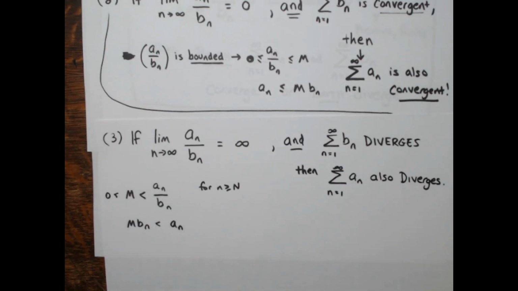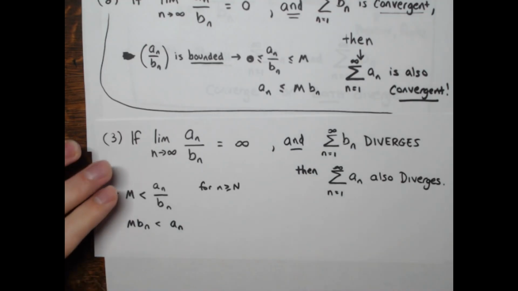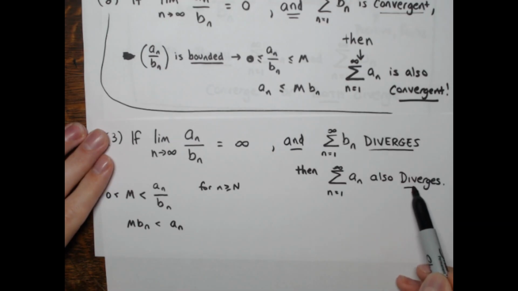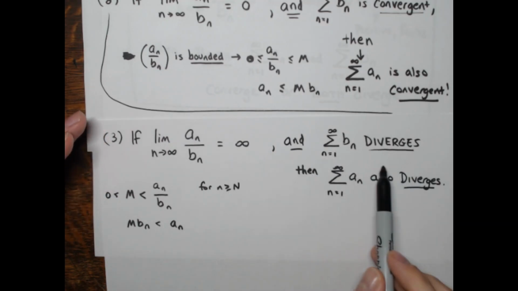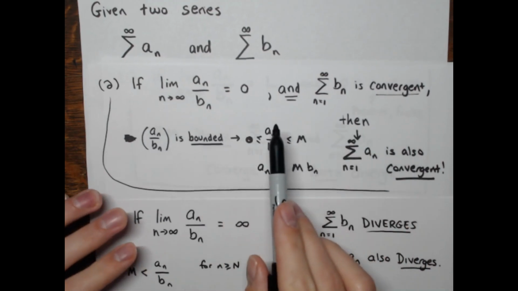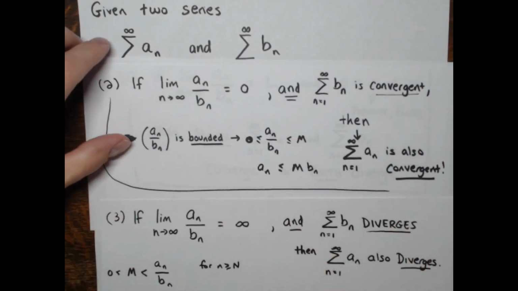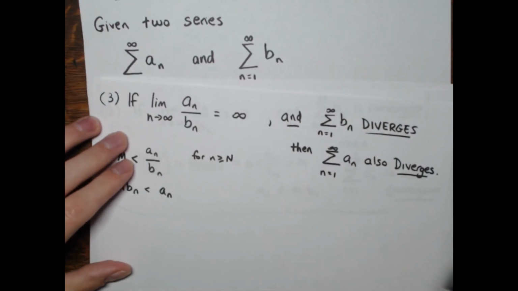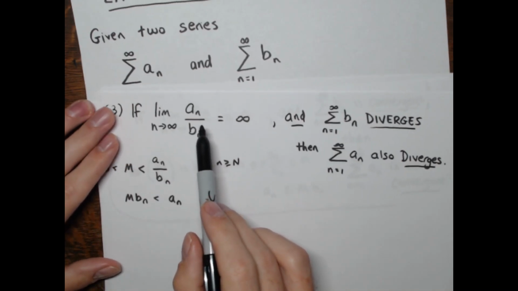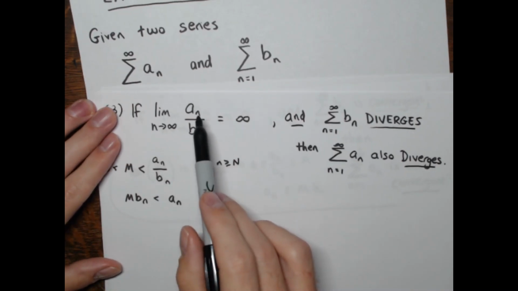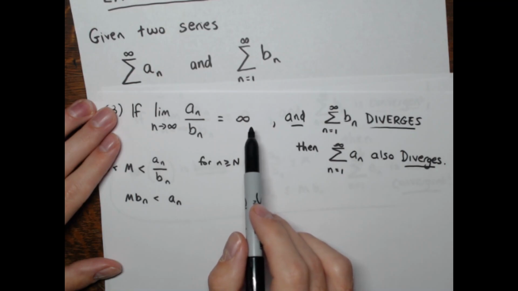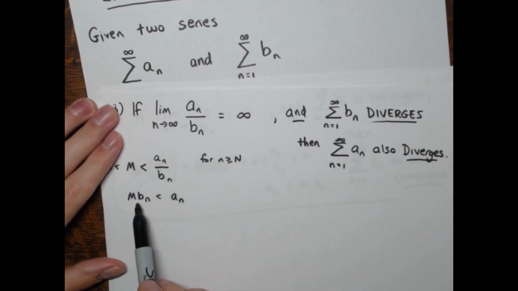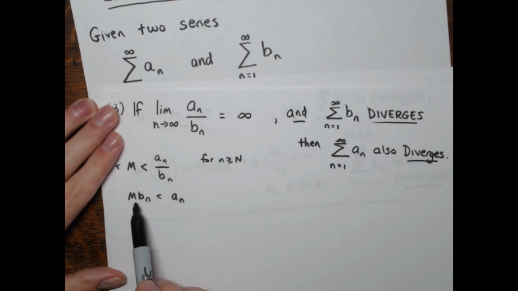So yeah, three different cases there. One that just tells us if things diverge, one that just tells us if things converge, and one that tells us if they both converge or diverge. Now, I forgot to mention, be careful with this last one too. If the limit of this ratio of your sequence terms is going to infinity, you can only say something if the denominator sequence terms, the b sub n's, are diverging.